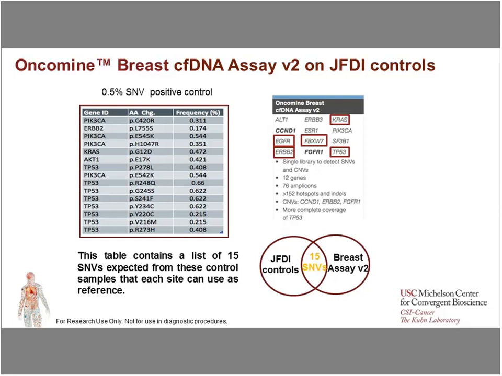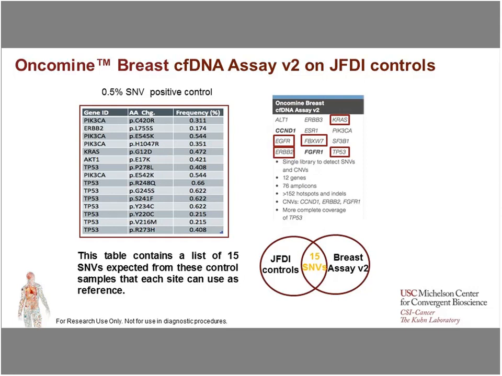The fourth reference sample is a genomic DNA background free of all these SNVs, which could be very informative for the environmental contamination control. And all these control samples were fragmented by sonication to mimic the size of cfDNA.